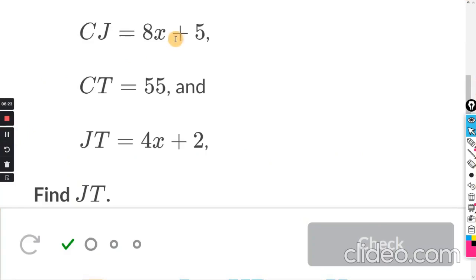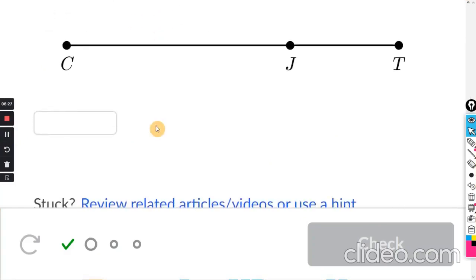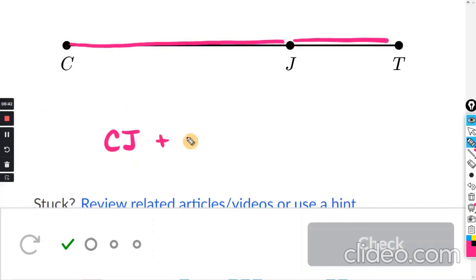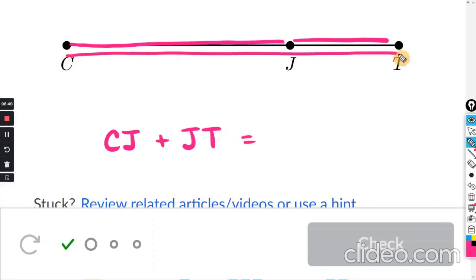Okay, once again, they give us expressions and numbers, but the first step is to write out the equation. So from the diagram, we have CJ plus JT, and that equals the whole thing, CT.